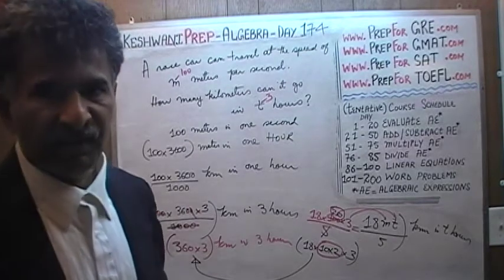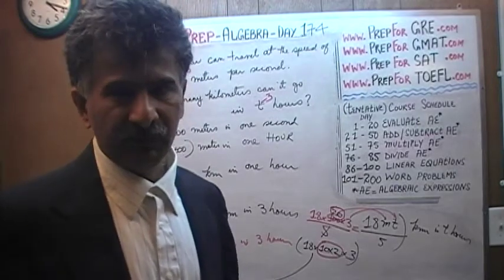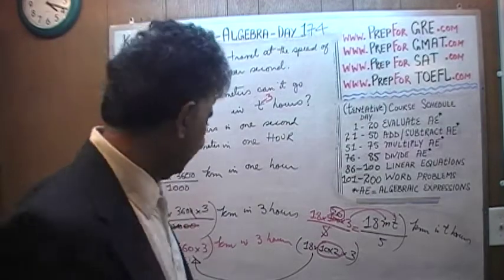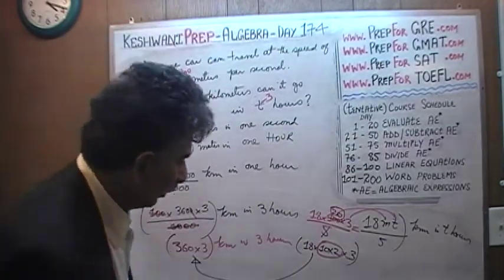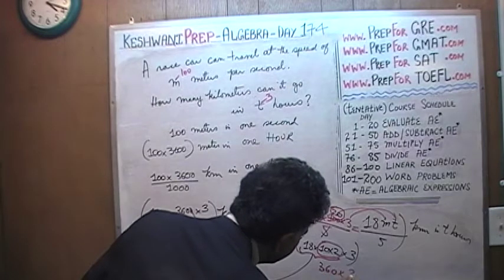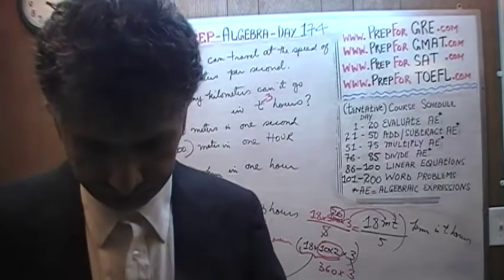If you ask me what is 18 times 20, I don't know what that is. But I know 18 times 10 is 180. Therefore, 18 times 20 should be 180 times 2, which is 360. And then, of course, you get your 3. It gives us the same answer. It is the correct answer.